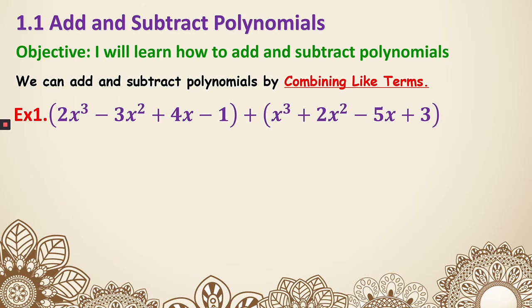So in order to add and subtract polynomials, we combine like terms. That means we'll first look for like terms, and again, like terms means they have the same variable and same power.